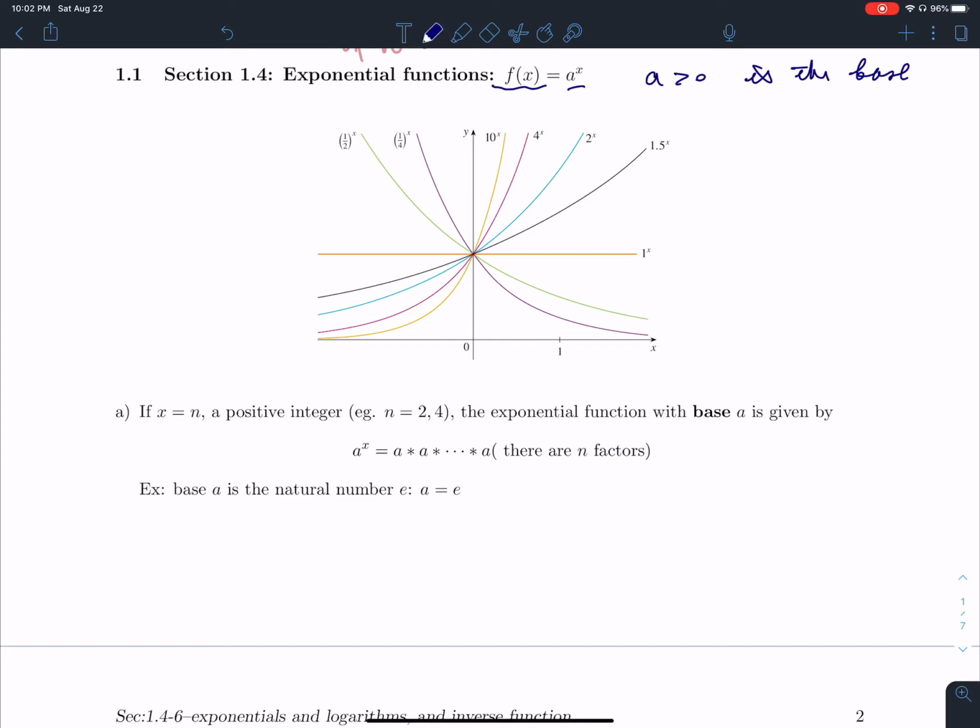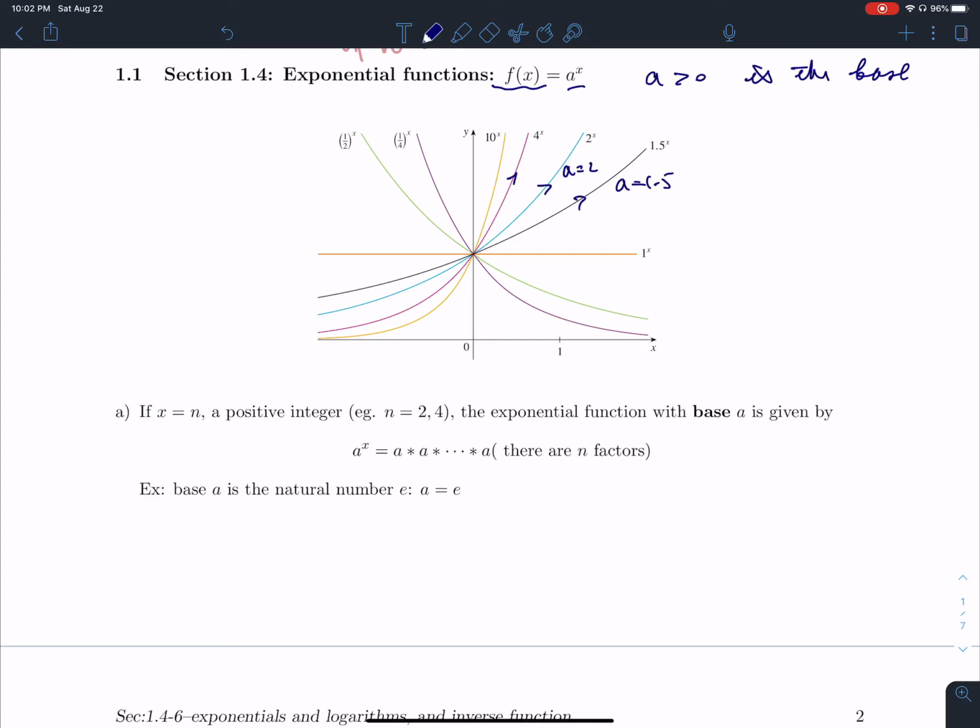And in the picture below, we have a bunch of curves for different exponential functions with different bases. What you could see probably is that for the bases bigger than 1, the curve is increasing.